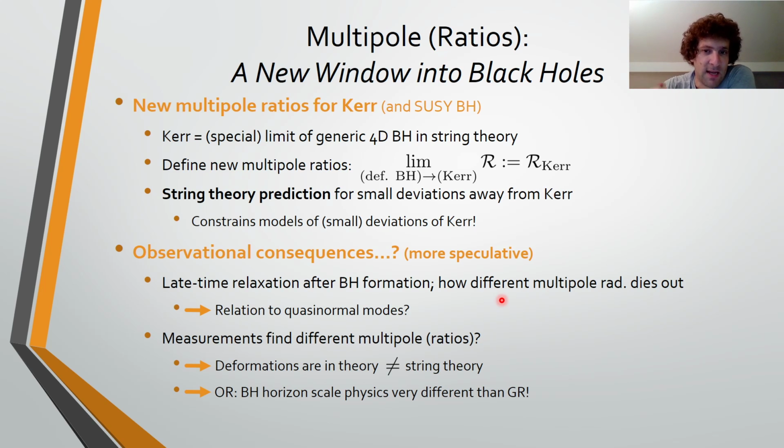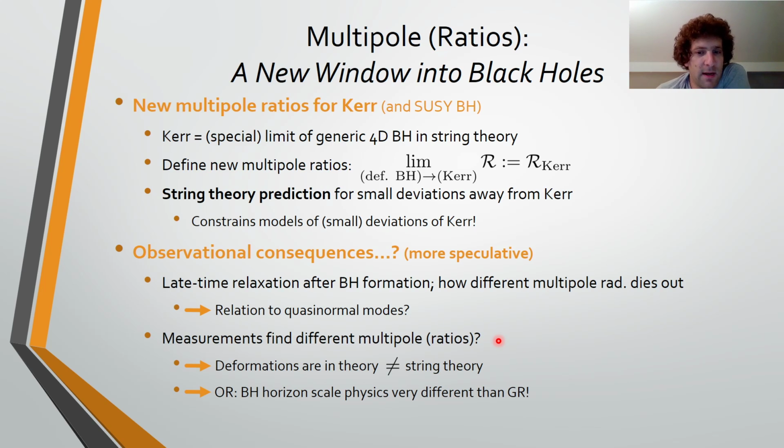So the different multipoles can't die out independent from each other. They have to be related by these multipole ratios that we've computed. And so you might think this sounds a lot like the properties or theory of quasi-normal modes, and so it's very interesting to think of what might be the relation of our multipole ratios to quasi-normal modes of the black hole. And so that's an interesting open question.